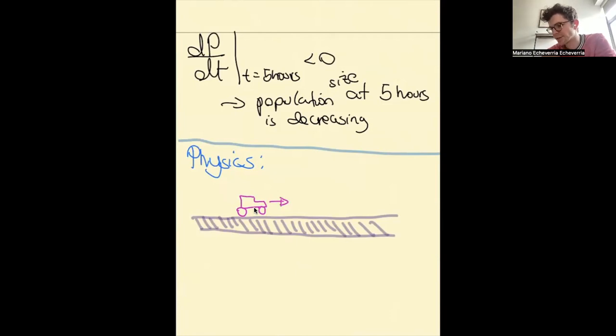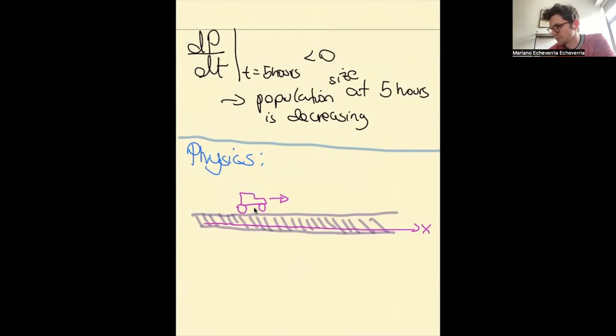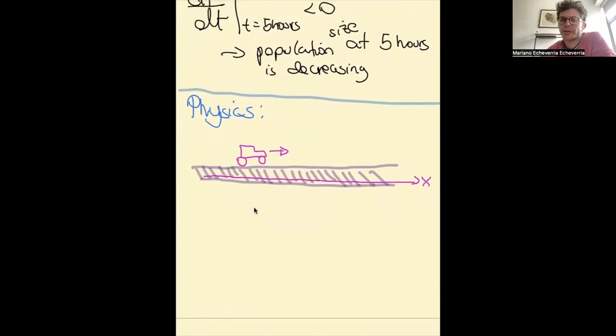So let's say the road is aligned with the x-axis, right? If you're driving along this road, of course it makes sense to think that your position is changing over time, right? So x of t would be the position of the car at time t.